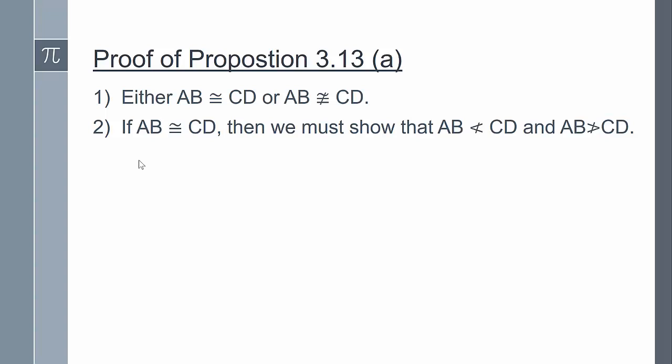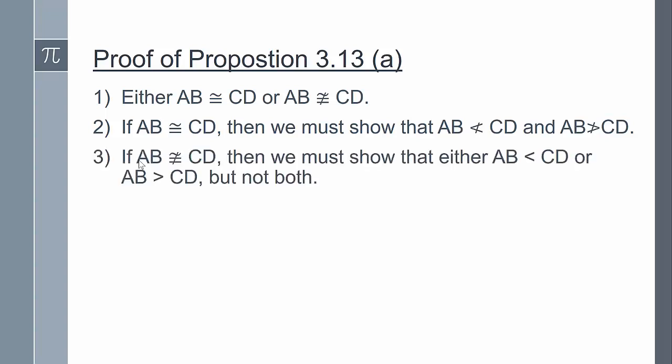So that is that we need to show that AB is not less than CD and that AB is not greater than CD. In the case when AB is not congruent to CD, we must show that either AB is less than CD or AB is greater than CD, but not both. So this will show that there's three states and exactly one of those statements can be true at the same time.